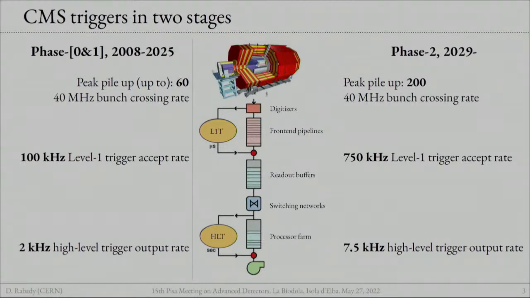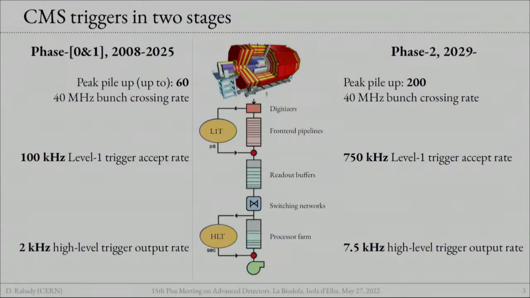Of course, we're going to do a big upgrade of the level 1 trigger itself as well, that I'm going to briefly introduce. All of the detectors are read out and sent to the high-level trigger, which runs in a computing farm. From the high-level trigger, we do further reconstruction and then store it on tape permanently.